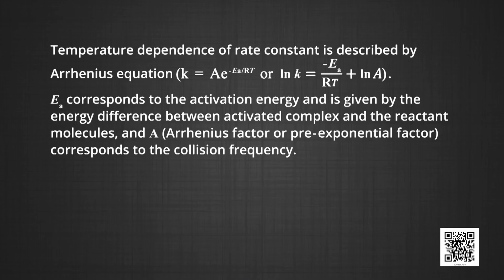Temperature dependence of the rate constant is described by the Arrhenius equation, k = A e^(-Ea/RT), or ln k = -Ea/RT + ln A. Ea corresponds to the activation energy and is given by the energy difference between the activated complex and the reactant molecules, and A, that is the Arrhenius factor or the pre-exponential factor, corresponds to the collision frequency.